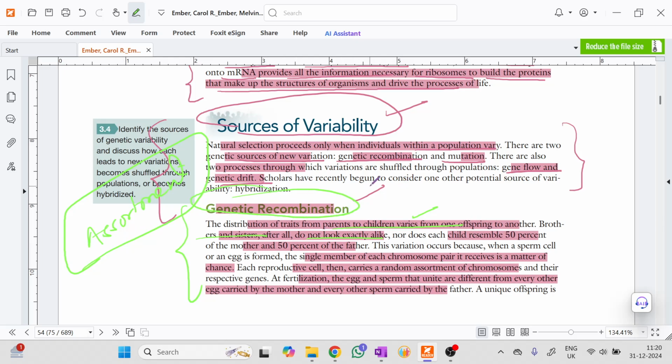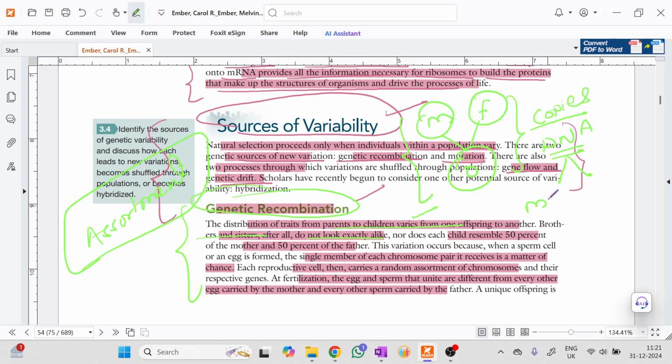So genetic recombination in short means that when an offspring is reproduced by its parents, it copies the genetic code from its parents. So here two processes are there for cell division by which this code can be copied.